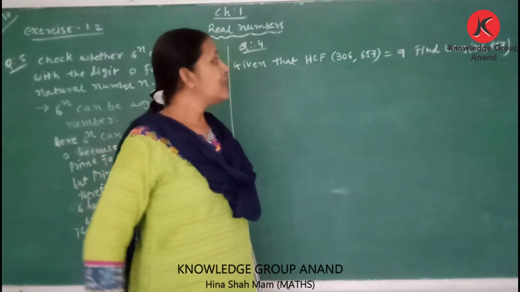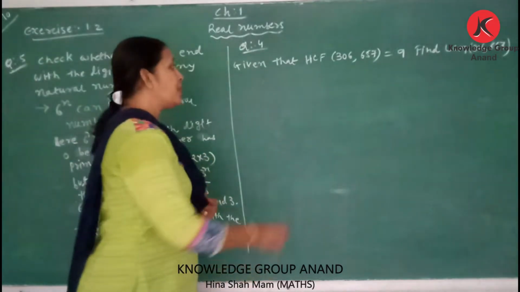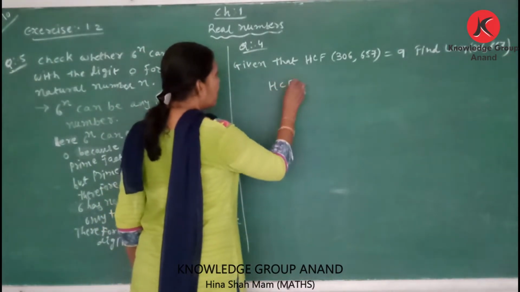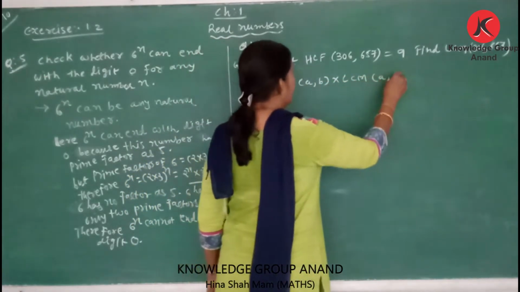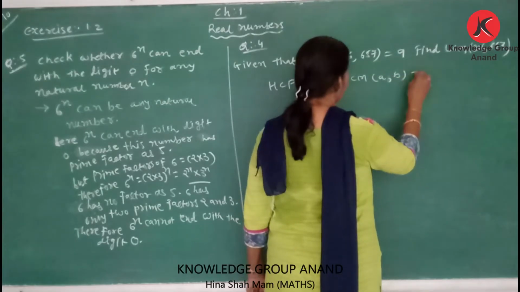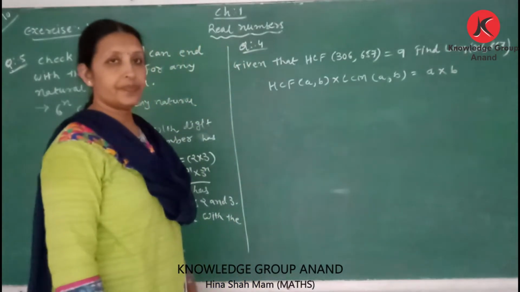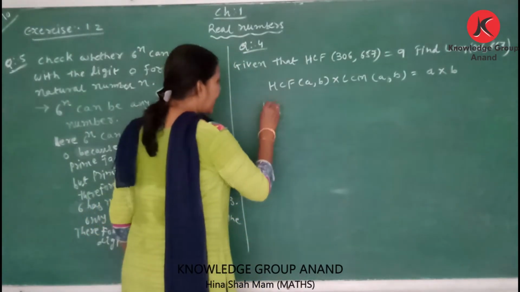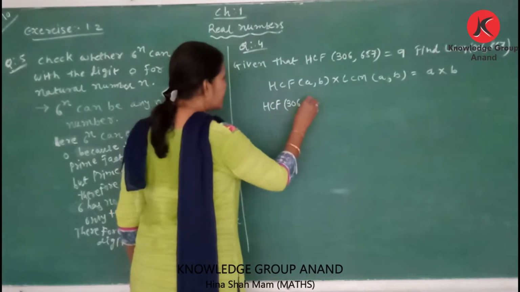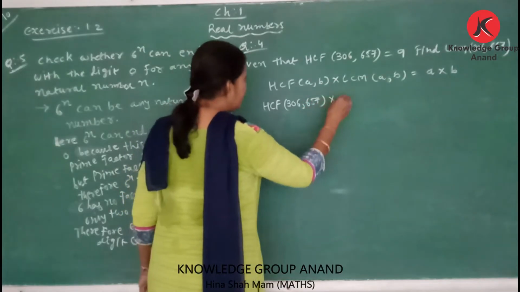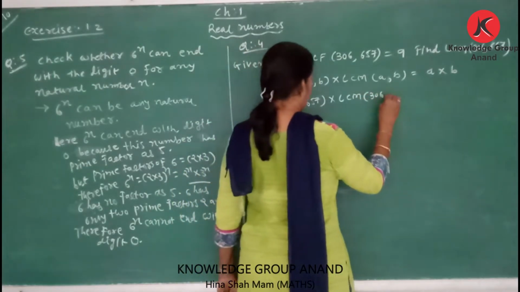We find the LCM of 2 numbers using this formula: HCF of A, B into LCM of A, B is equal to the product of A and B. Here A means 306, B means 657.